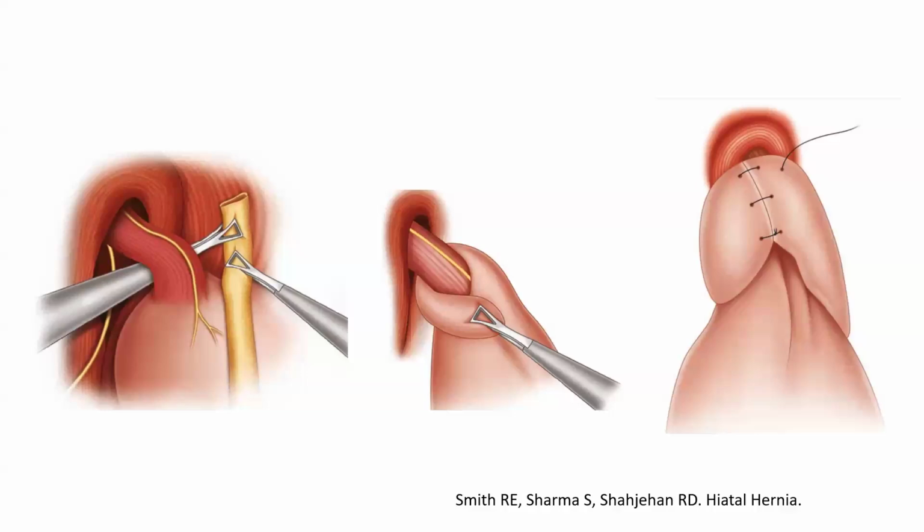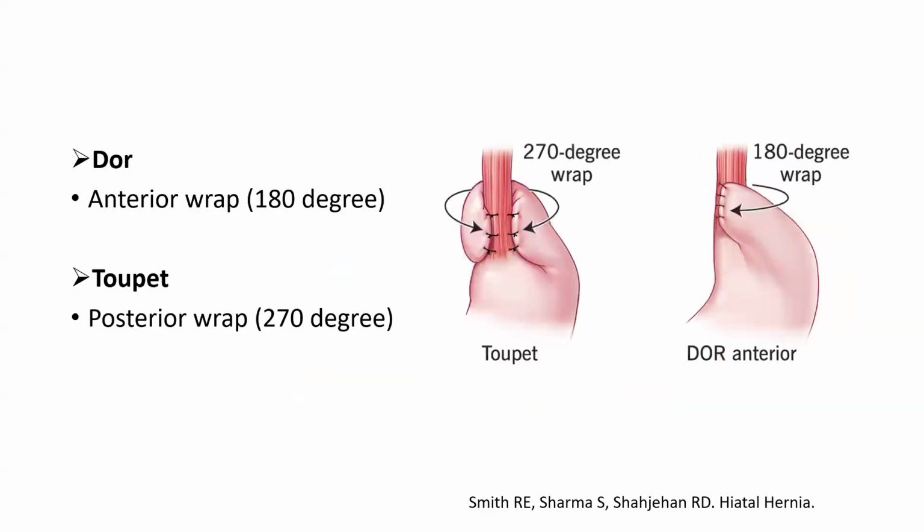Nowadays the more commonly done one is the toupee modification of Nissen fundoplication, where you do a two-thirds wrap. He has that in the next slide, Ravi. Next slide.